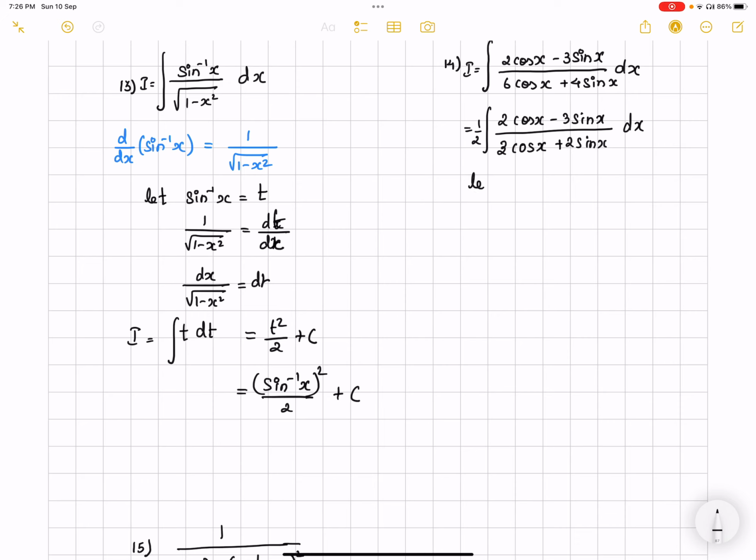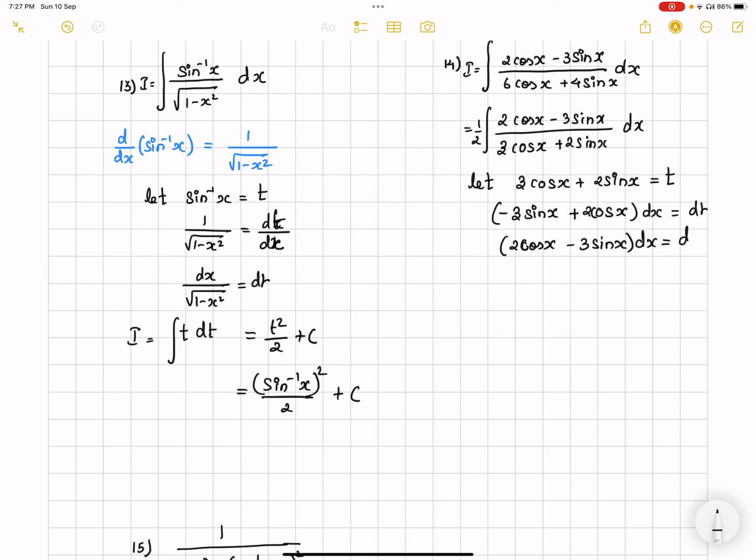So now, let 3 cos x plus 2 sin x be equal to t. Then dt is minus 3 sin x plus 2 cos x dx. I'm differentiating with respect to x, so dt by dx, and I'm bringing dx to the other side. Now if you observe, that's nothing but your numerator. If you are still confused, I will interchange and write it. You will accept that it is equal to the numerator.